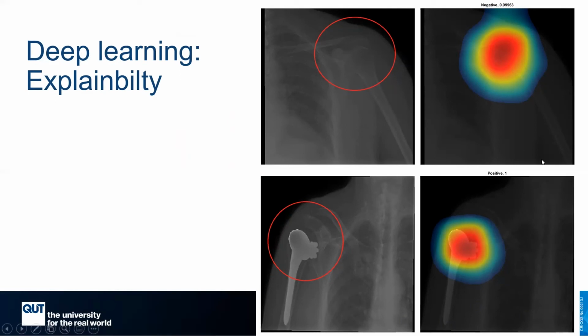So this is an example showing where the radiologists and the clinicians look in order to make the decision. On the other hand, there is a way of showing, on the testing samples, where the neural network is looking to make its decision. That's a really important part in every single application of deep learning.